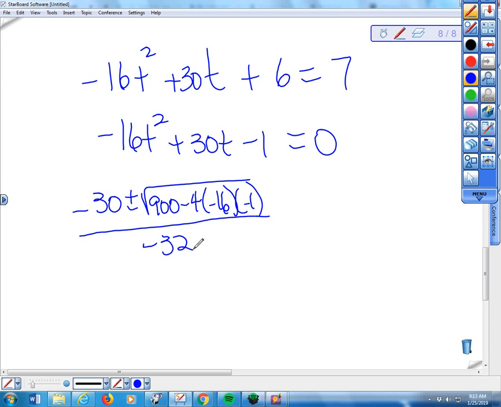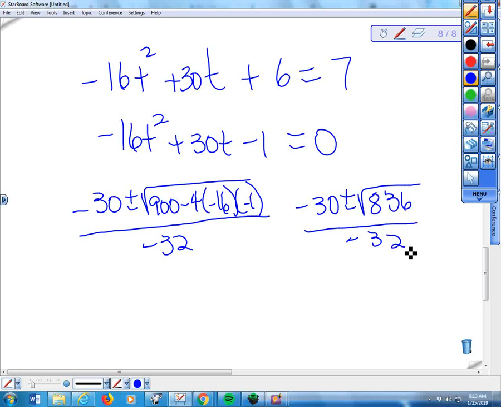Well, this is a negative. 4 times 16 times 1, I have 3 negatives, so that's going to stay negative. So it's 900 minus negative 64, which is 836. So this is negative 30 plus or minus the square root of 836 over negative 32.